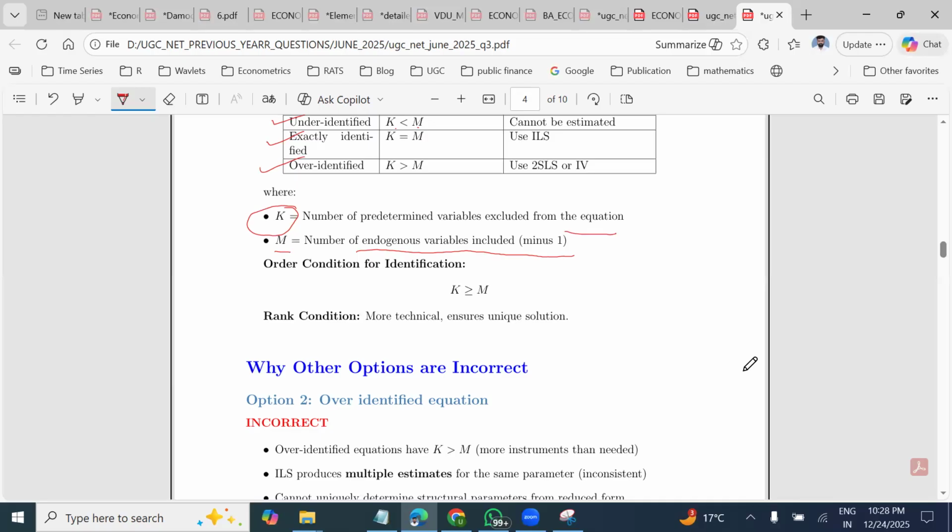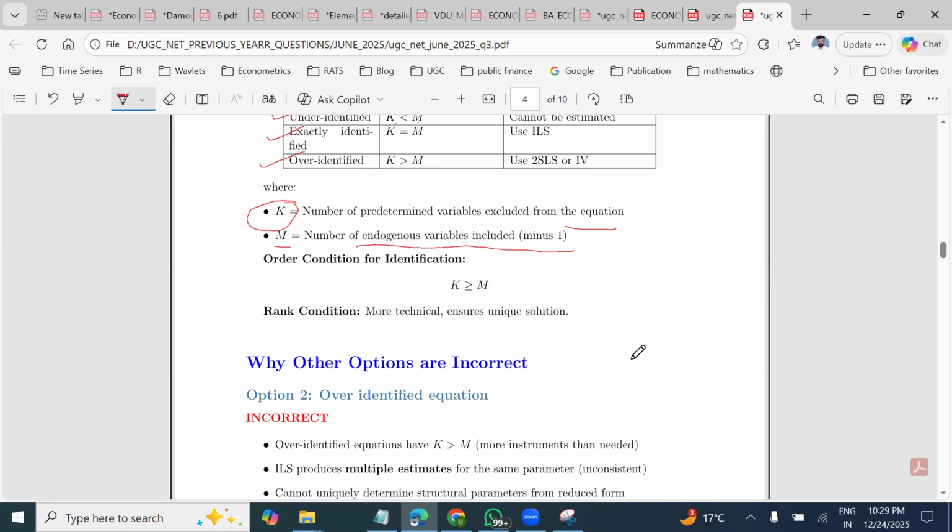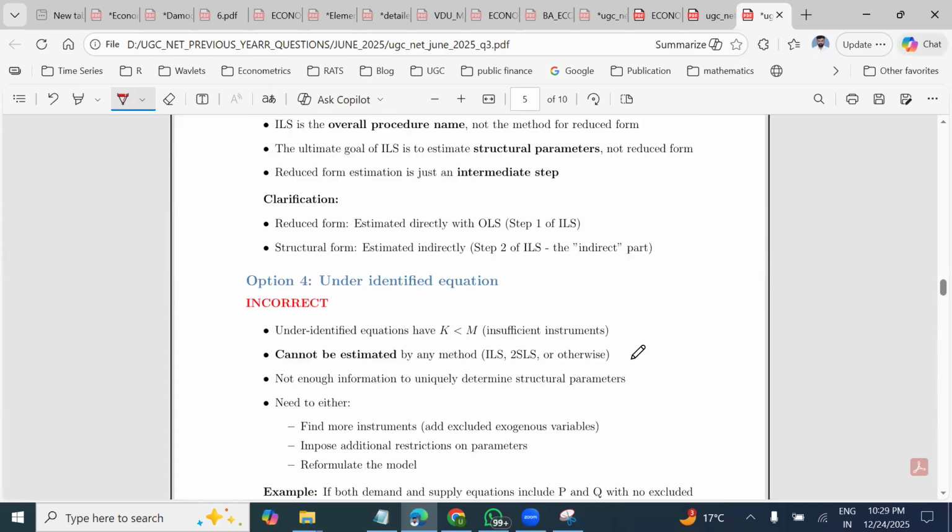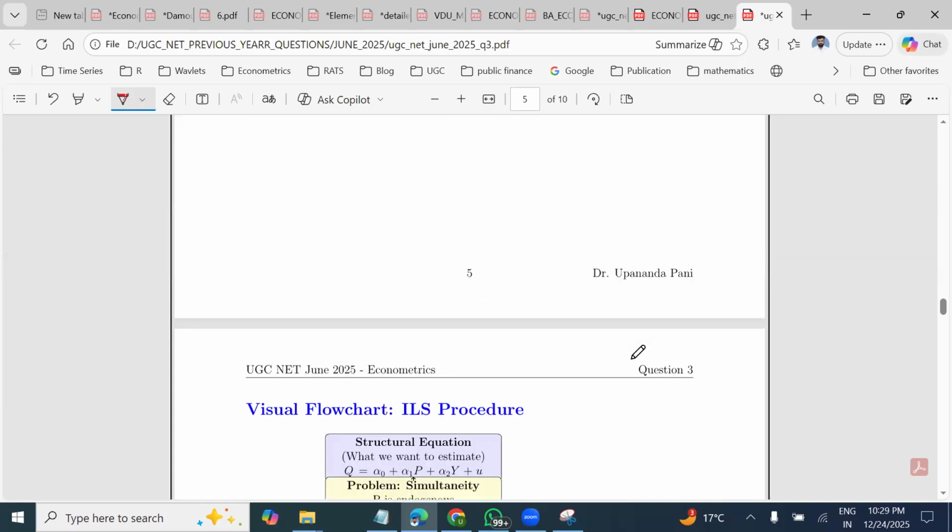But here in detail I think it is not given, compared to the book by Koutsoyiannis. I will share the book. There we can discuss. Let us see the solutions.